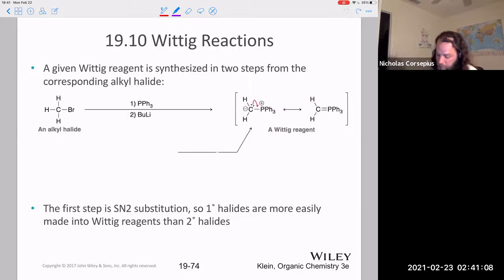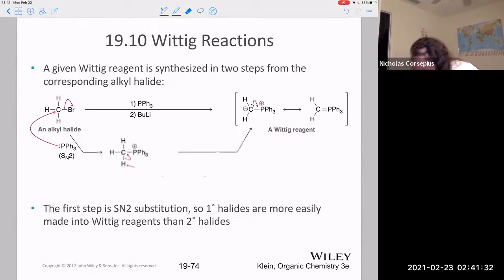But we're going to synthesize that from an alkyl halide. So the first step is to toss in your triphenyl phosphorus. That phosphorus acts as a nucleophile and does a substitution reaction, kicking off that halogen. That leaves you with this here.